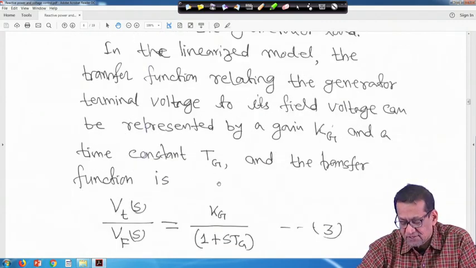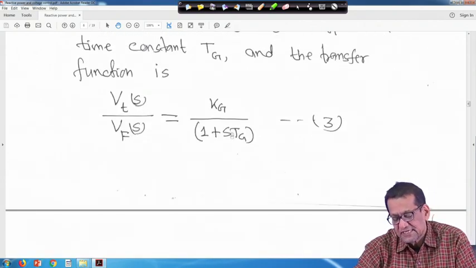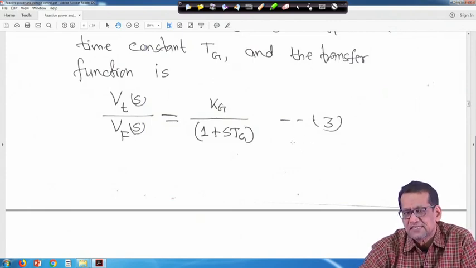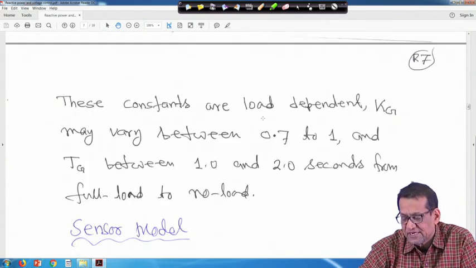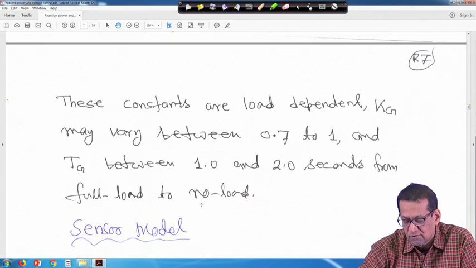So, it is again a first order transfer function. So, VTS upon VFS is equal to Kg upon 1 plus S Tg. This is equation 3 of the simplified model. These constants are load dependent; Kg may vary between 0.7 to 1 and Tg between 1 to 2 seconds, from full load to no load.